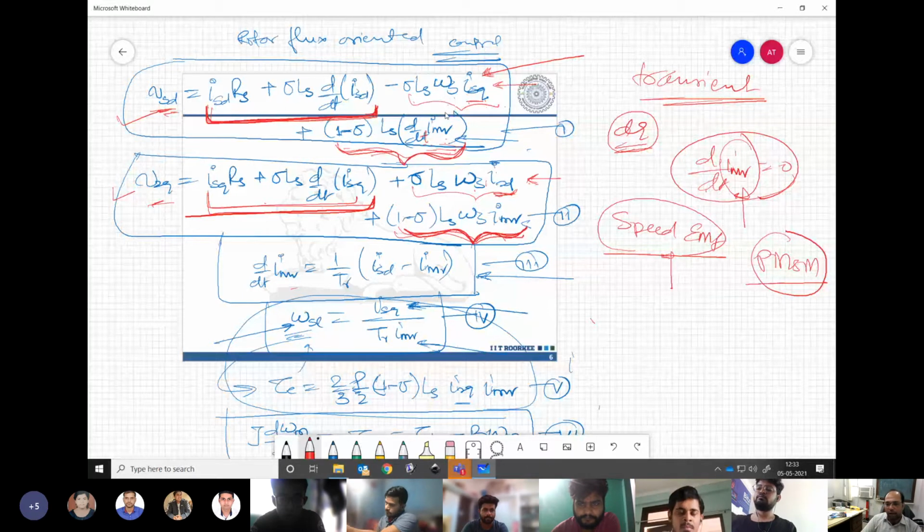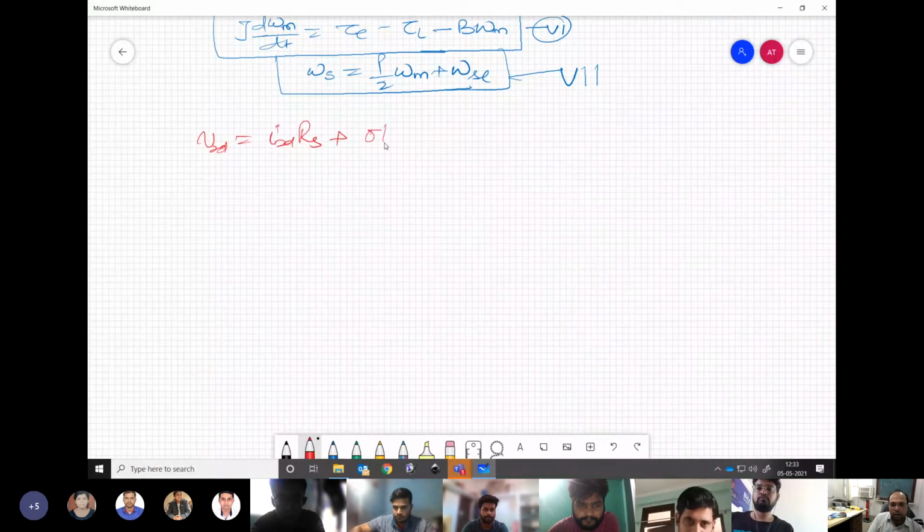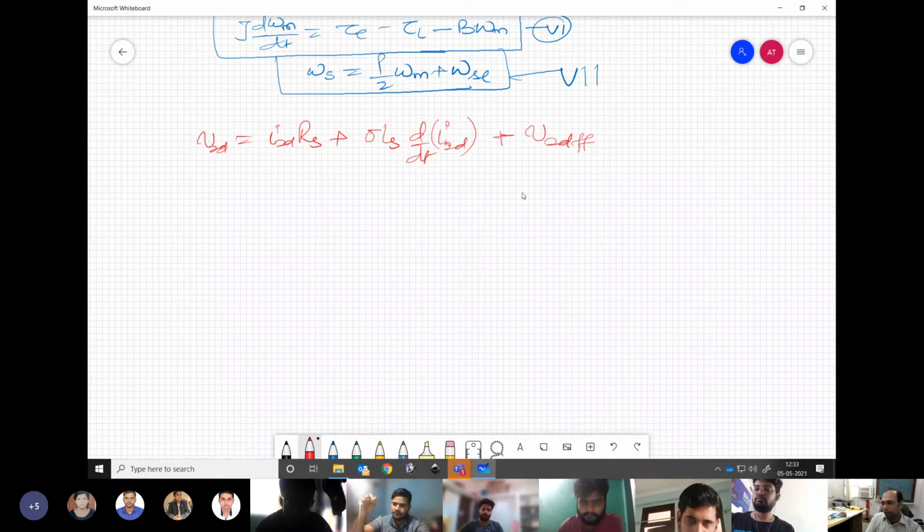Yes, sir. So if I have to simplify the equation, I will write it in two parts. So VSD will have ISD RS plus sigma LS d/dt of ISD, and then plus whatever term is remaining, that I will call VSD feed forward.